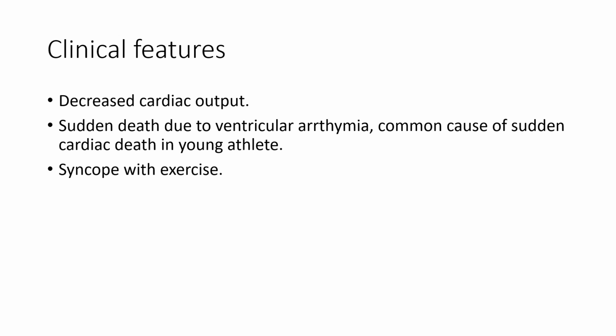The third is syncope with exercise. When we exercise, the blood required for the heart as well as the brain is more. As the cardiac output is less, the blood going to the brain will be less, so that will cause syncope.